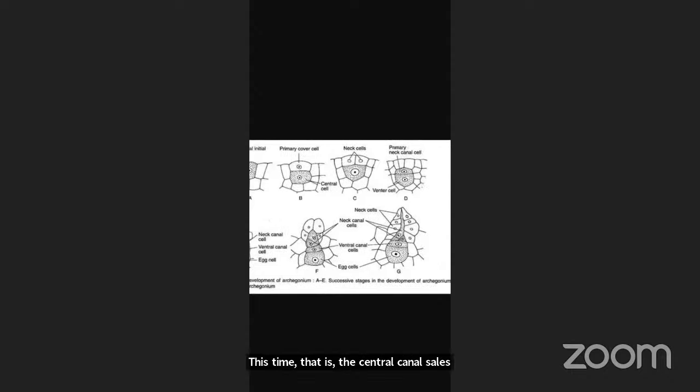Again, the cover cells undergo a vertical division to form two neck canal cells. Then the ventral canal cell and the egg have a swollen base, while the neck canal cells are long, slender, flask-like structures.